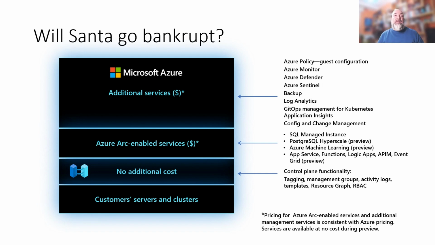That means that an Arc-enabled resource for those services will cost you about the same amount of money you would spend for a native Azure resource covered by those services. In the end, Azure Arc is not so expensive for what it's offering us.